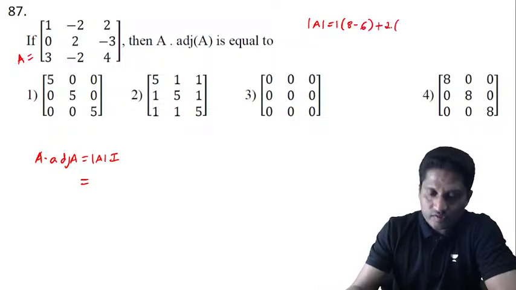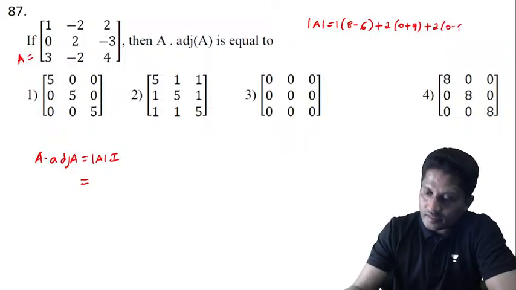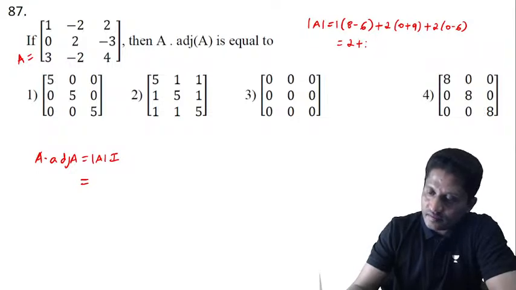Plus 2, delete first row, second column, you will get 0 plus 9. Plus 2 into, delete first row last column, you get 0 minus 6. So this is 2 plus 18 minus 12, which is equal to 8.